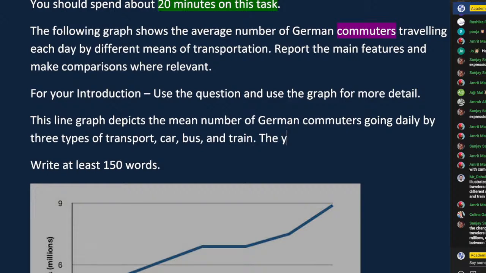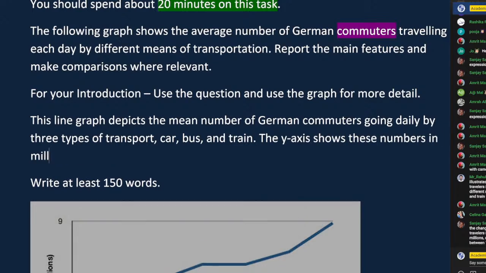The y-axis here, it's good to report the axis because it's kind of unique. So the y-axis shows these numbers in millions from 0 to 9 million with intervals of 3 million.